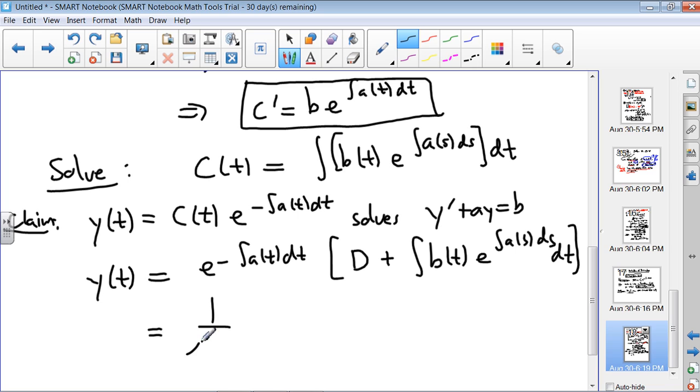Right? This is exactly 1 divided by the integrating factor. The integrating factor is e to the integral of a of t. E to the minus that is dividing it. Right? This is an arbitrary constant plus b of t, and this is also the integrating factor. And now I can go ahead and make this a t dt.